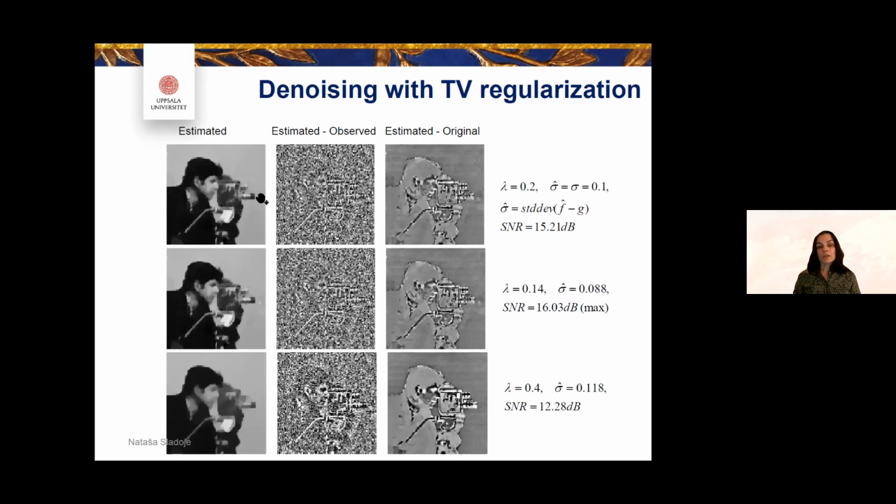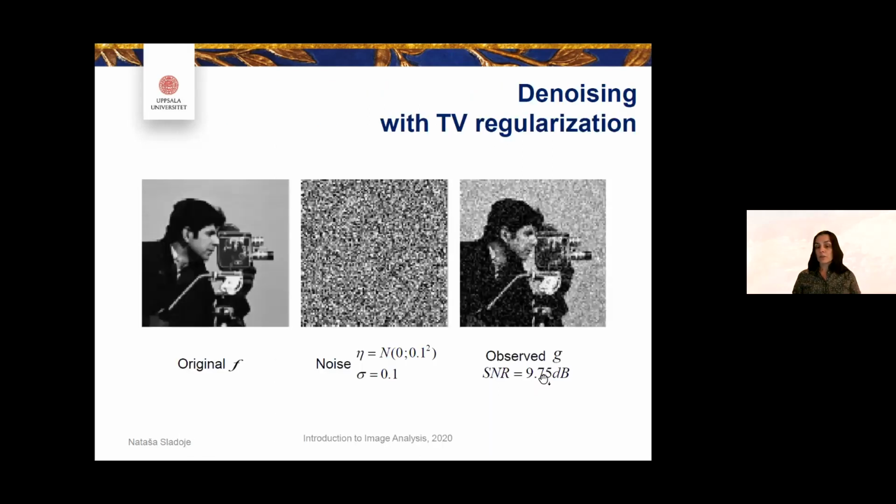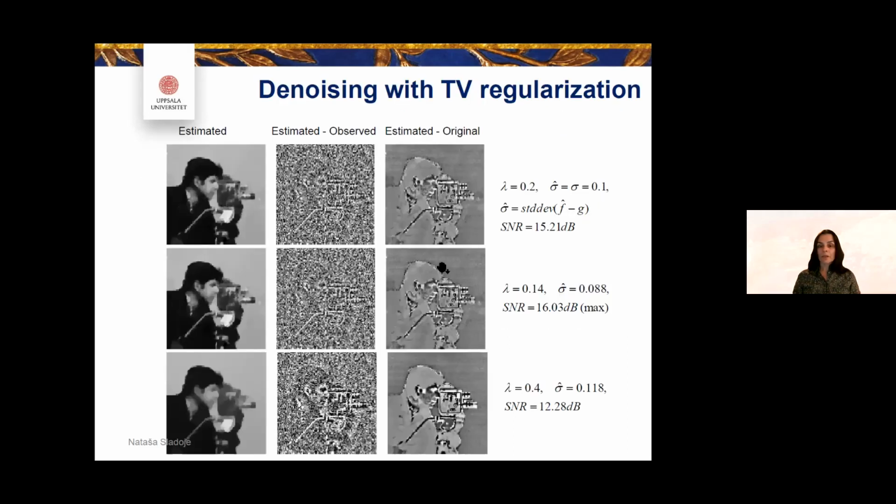In all these cases, here is information about the signal to noise ratio for the generated images. The starting one was 9.75 decibels. Now in this case we have 15.25.